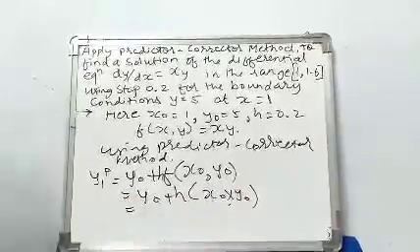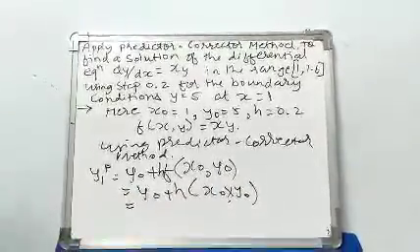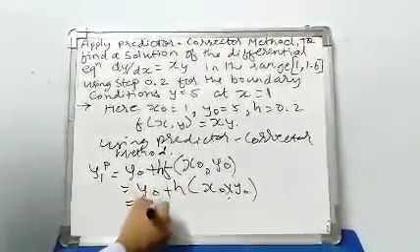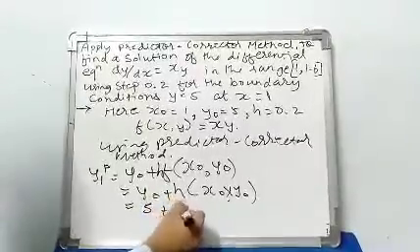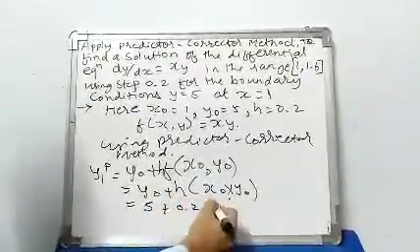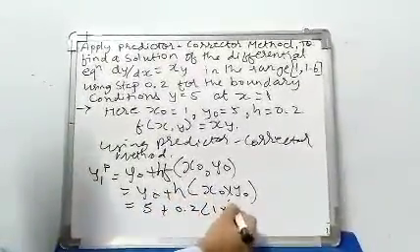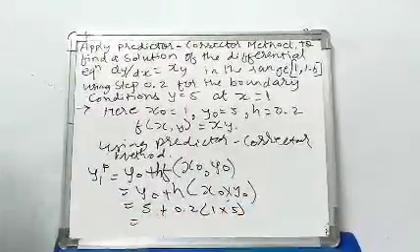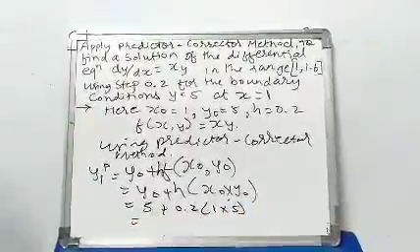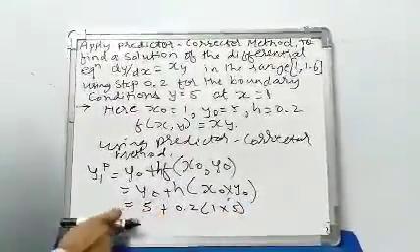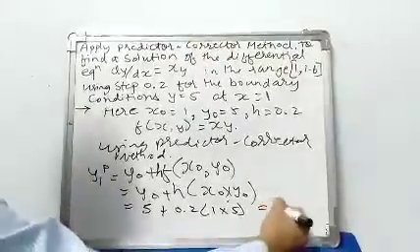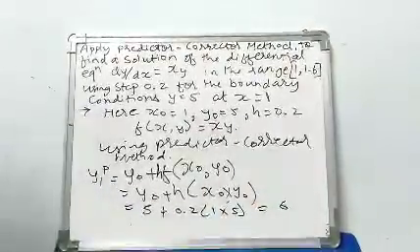Here we have all the values: y0 is 5, plus h is 0.2, x0 is 1, and y0 is 5. So we get the value 6.